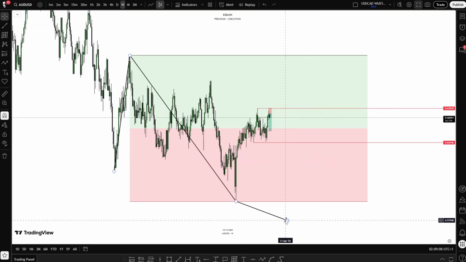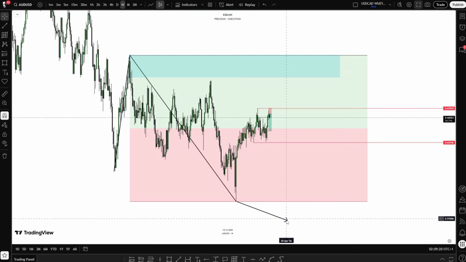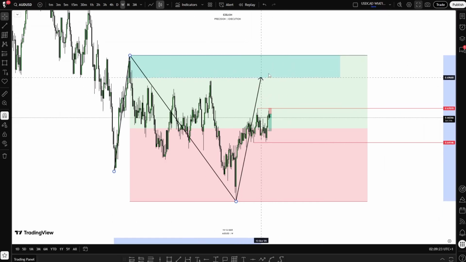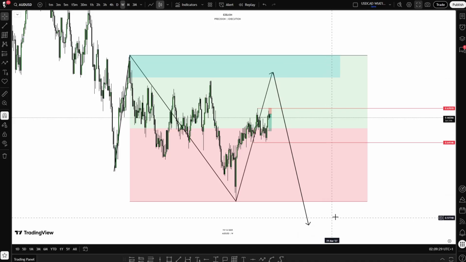A question my student asked me is whether this is actually a trade that can be traded. You can see this key level here, this supply zone that is formed. Don't you think that price is going to take out this whole liquidity, then continue downside? And this is valid.